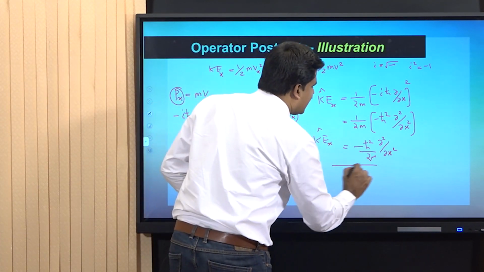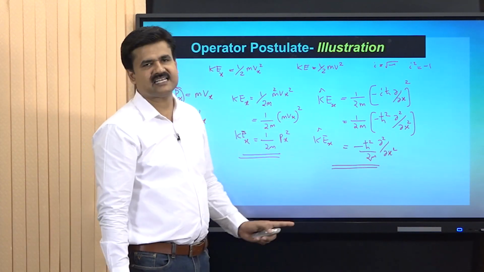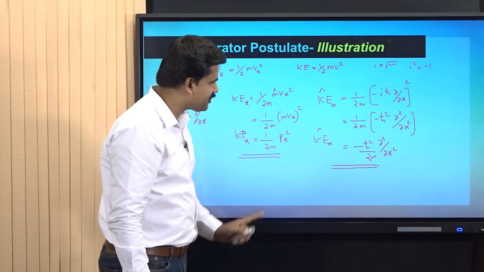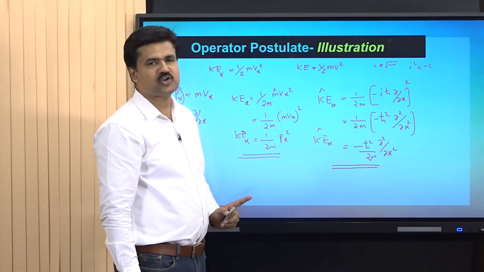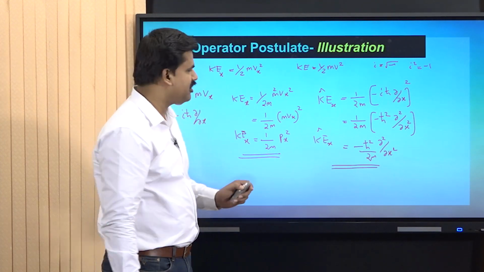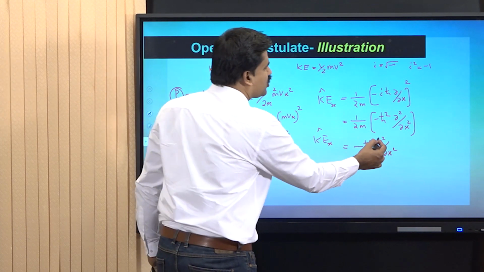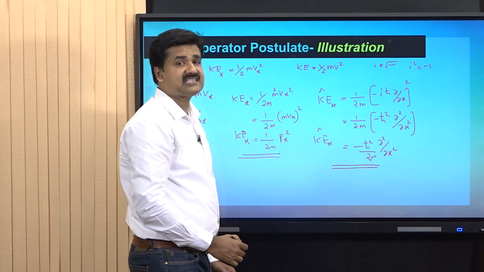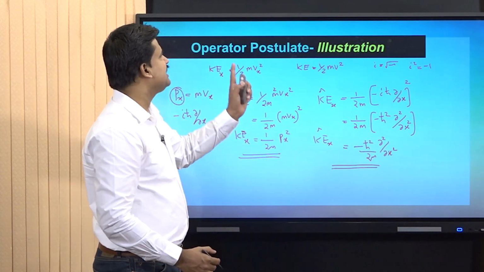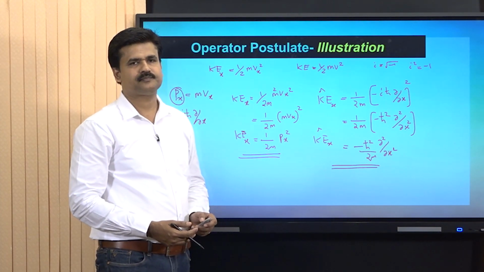So, the kinetic energy along x direction can be represented as a linear Hermitian operator, given by minus h cross square by 2m dou square by dou x square.